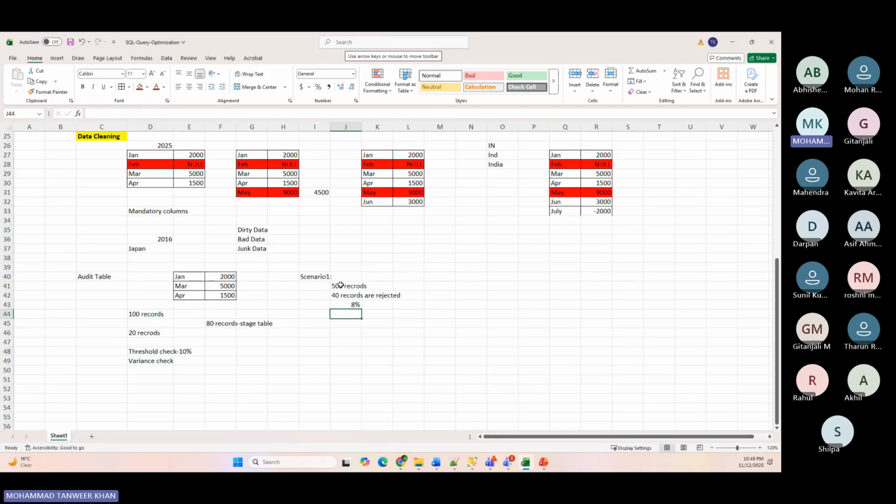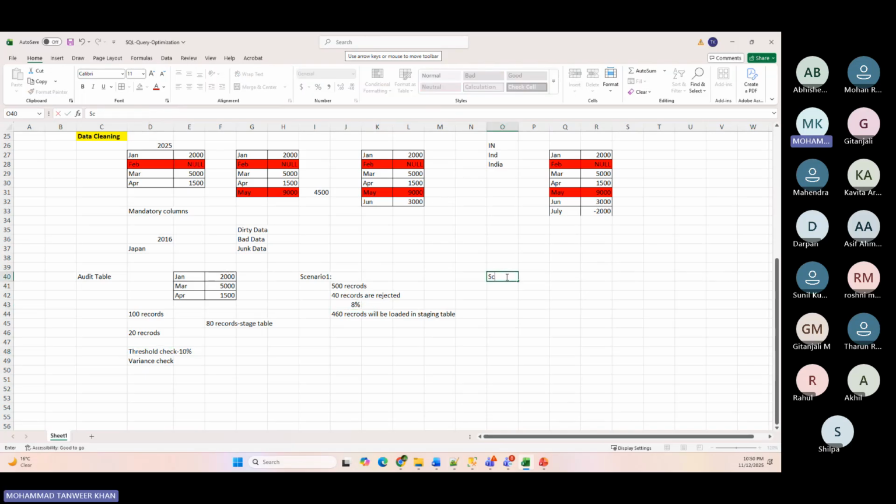So the remaining 500 minus 40, that is 460 records, will be loaded into my staging table. At the same time, for the 40 rejected records, I have to drop an email to the source team saying these records have been rejected for so-and-so reason, please send the data again tomorrow. This is scenario one, where the rejected records are less than the threshold.